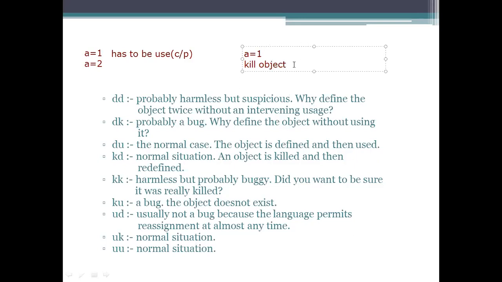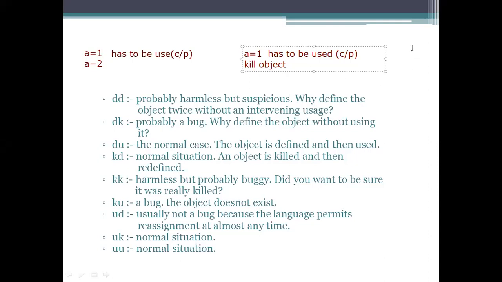So here the thing is, if you are willing to kill that object, then why do you need to create it here? Whatever you created has to be used, whether it is C or P. But you didn't use it here, it has been killed right there. It has been specified as a bug here. So the first two representations are specified as bugs.